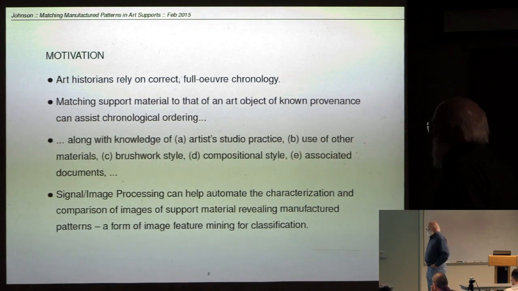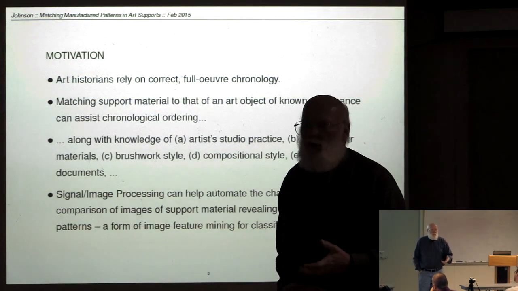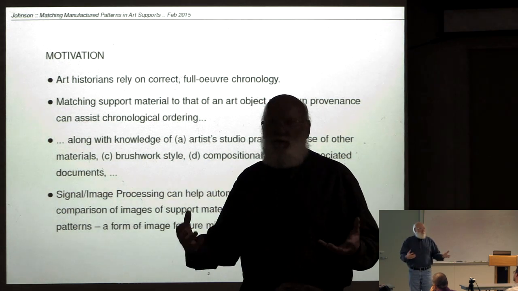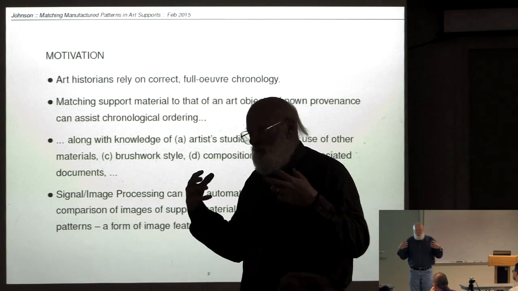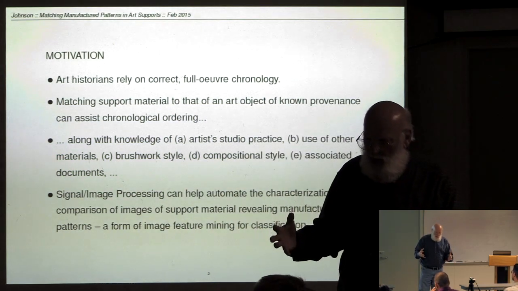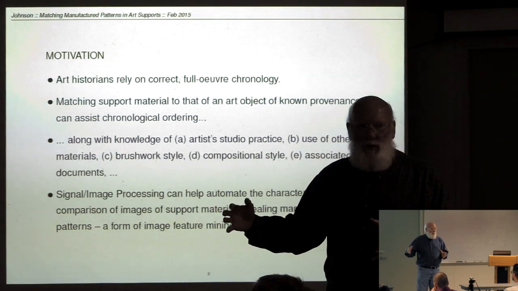From my perspective, the thing art historians care about, of course, is they want to understand the stylistic development of artists, how they influence each other, all these things that seem outside of our realm, so how can we contribute? But the thing they need is to know what order the artworks were produced, and who did what.